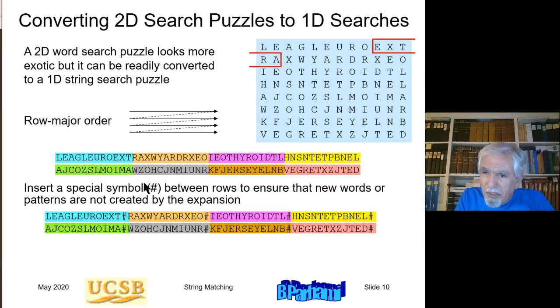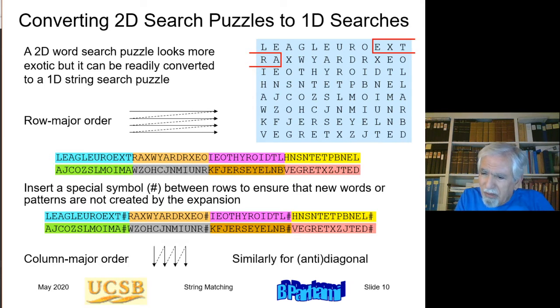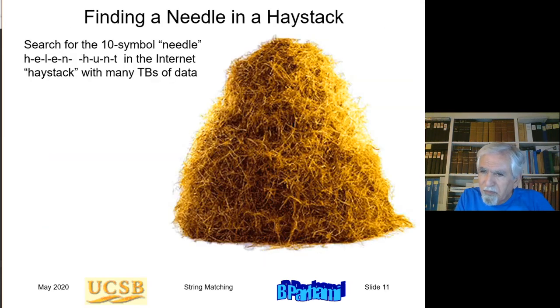So when I unroll the puzzle from 2D into 1D, I insert that special symbol, or any special symbol that is not part of a normal word, to break these spurious words, the words that do not really exist in the puzzle. And then I can unroll, as I said, in the column direction, column major order, or diagonal and anti-diagonal direction.